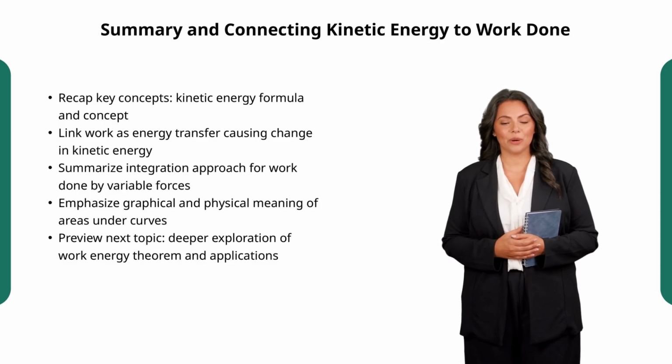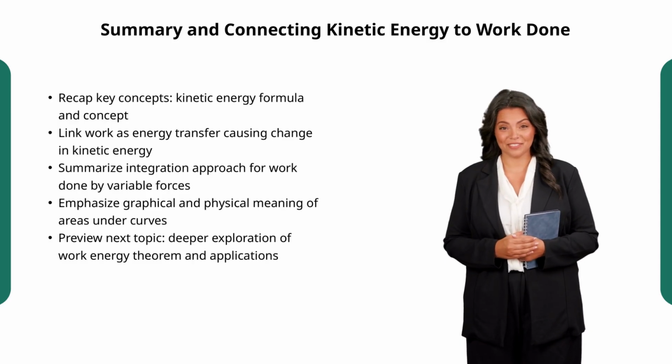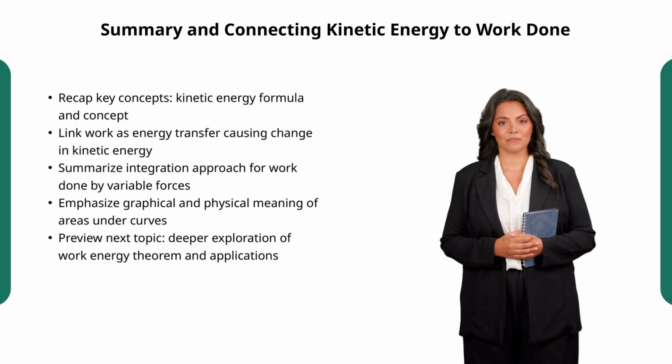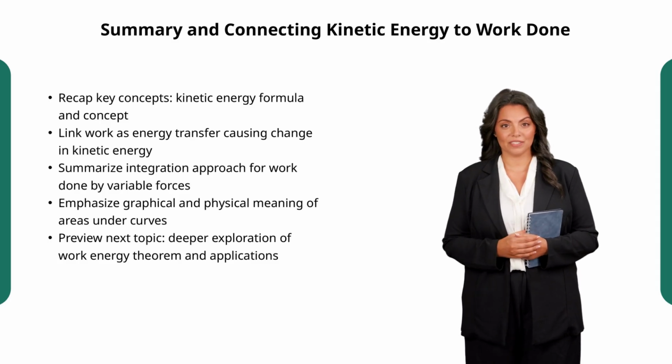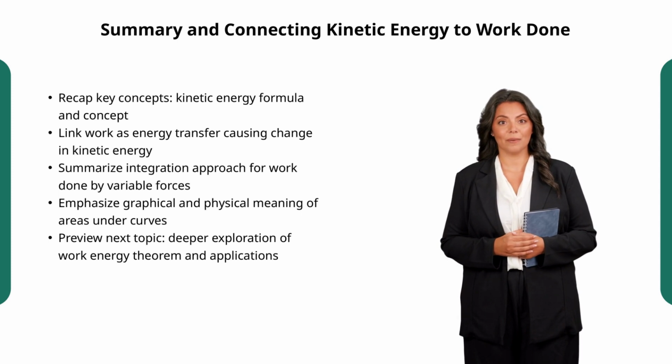We then connected work to energy transfer, showing how force times displacement does work, changing an object's energy. When force varies with position, we saw how summing small contributions over tiny displacements leads to an integral calculating total work. This integral represents the area under force versus displacement graphs, a powerful graphical interpretation.